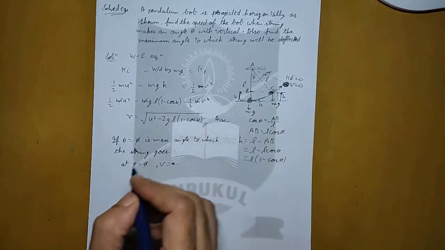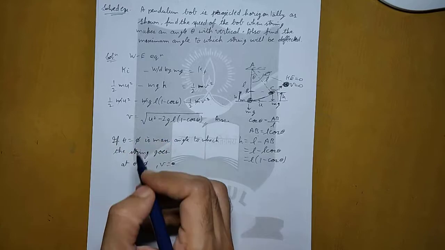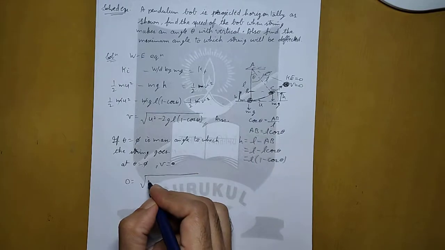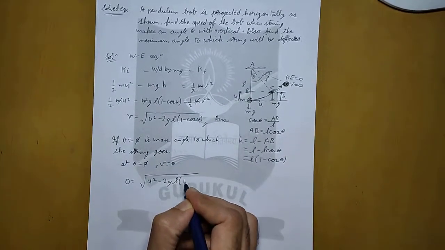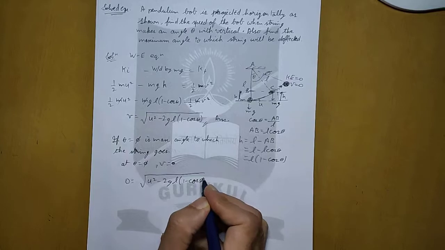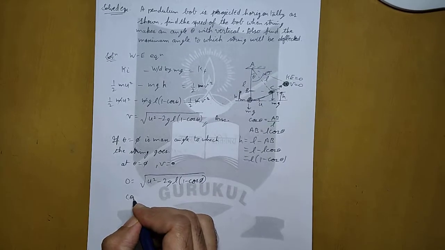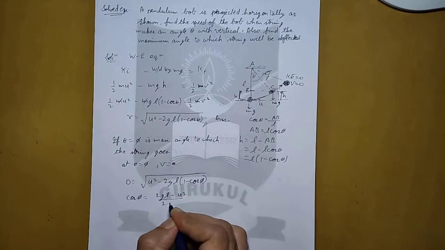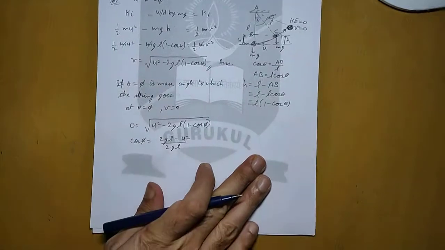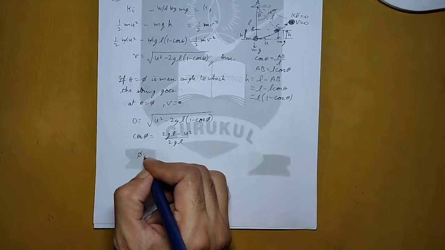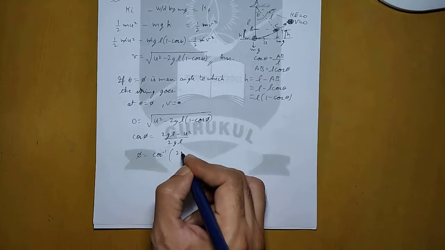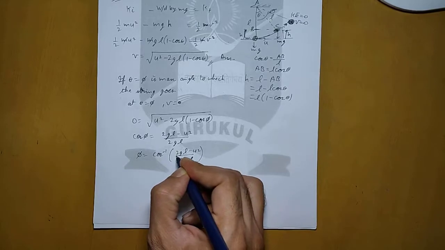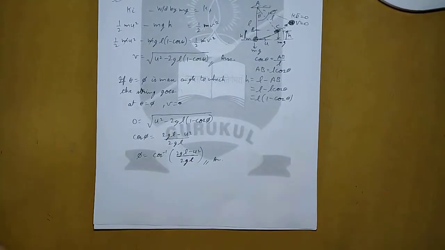So if we put v equals 0 here and theta equals phi here, then we get the equation u square minus 2gL into 1 minus cos phi equals 0. And if we solve for phi, then cos phi equals (2gL minus u square) upon 2gL, or we can say phi equals cos inverse of (2gL minus u square) upon 2gL. So this will be the answer to the second part of the question.